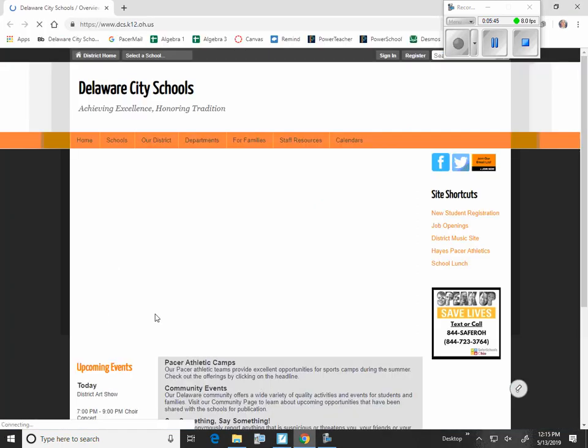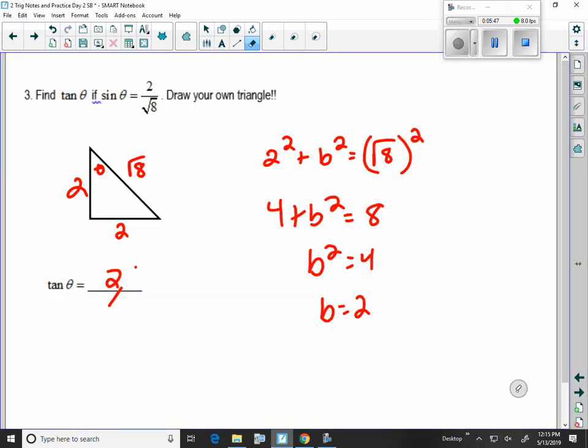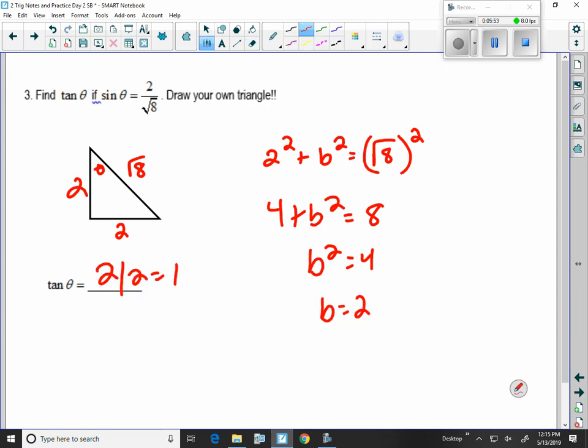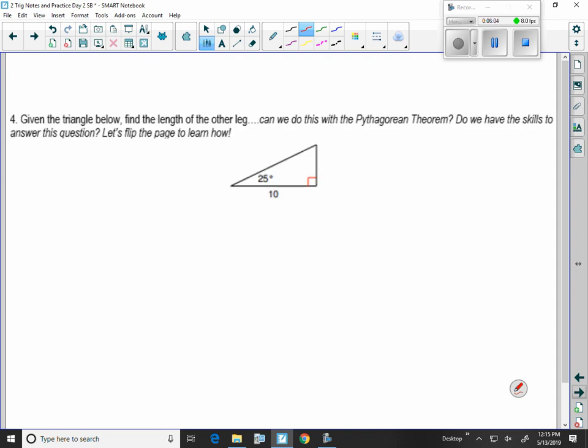That was wrong. Tangent. 2 over 2, which is 1. If you leave it as 2 over 2, I'm fine with that. If you write it as 1, I'm fine with that as well. Doesn't matter to me. Yes. We have to reduce the other fractions. I will make you.